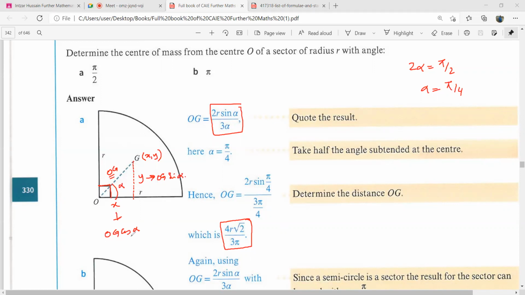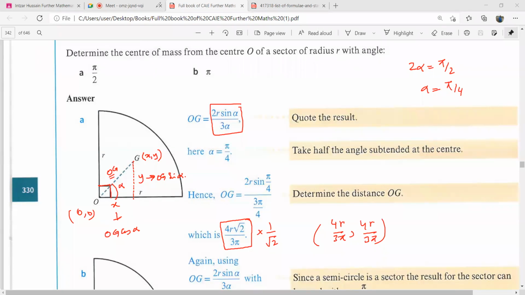Since alpha is pi by 4, cos 45 and sine 45 are both equal to 1 over root 2. This way you have the same x and y coordinates. So this G has the coordinates 4r over 3 pi, comma, 4r over 3 pi, assuming O to be the origin.